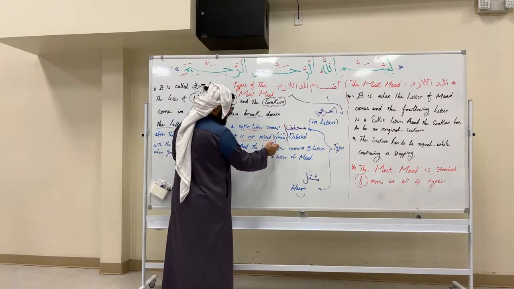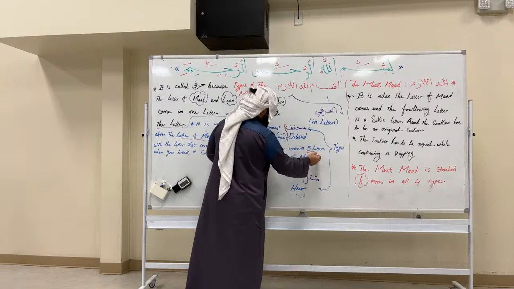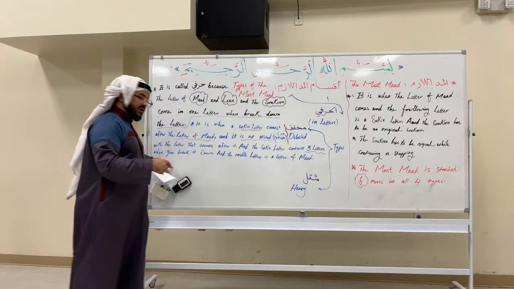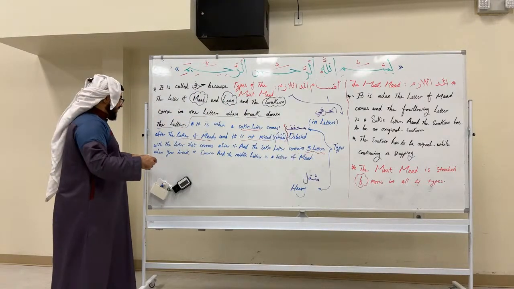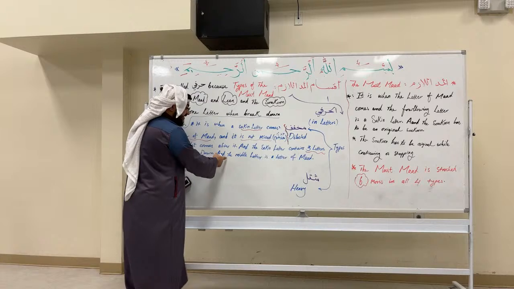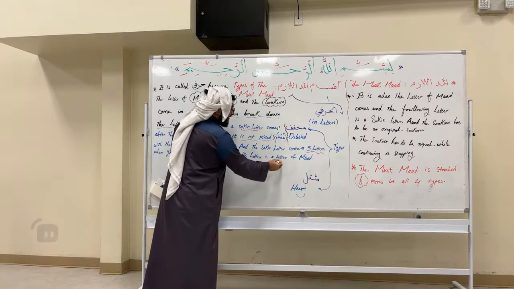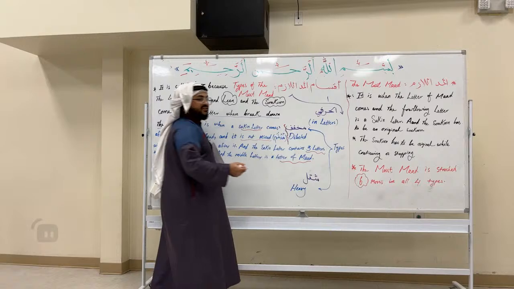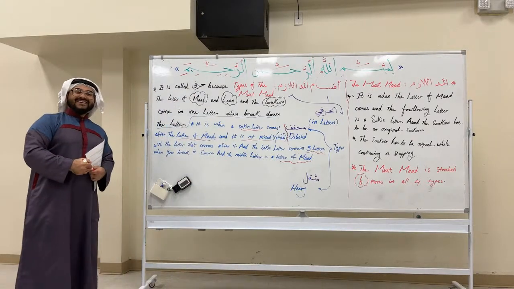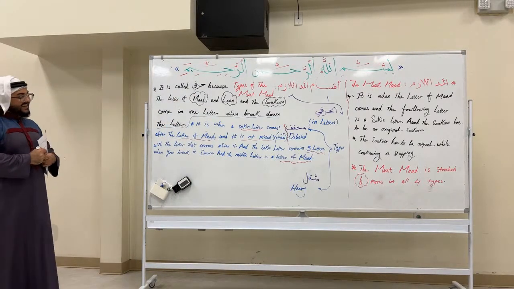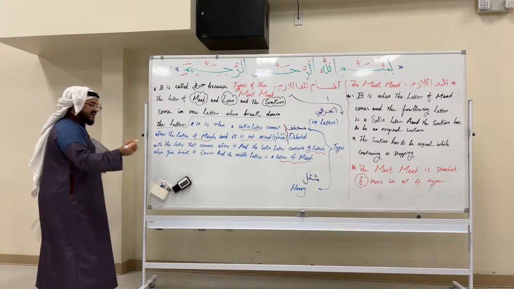And the second letter contains 3 letters when you break it down, the way we broke down the letters. And the middle letter, when you break it down, is a letter of madd. You see how many conditions? For example, like meem.